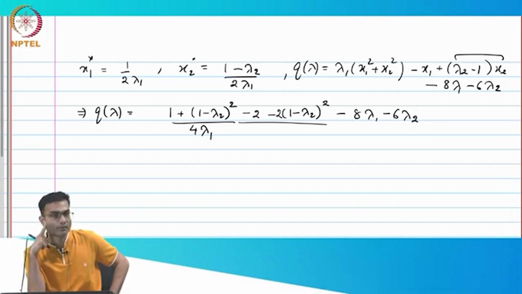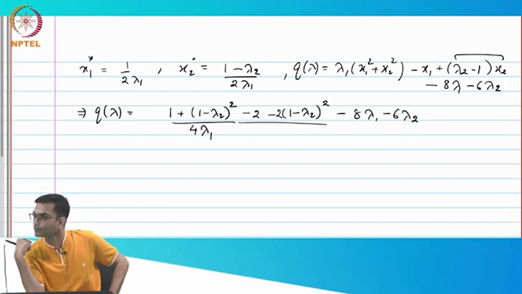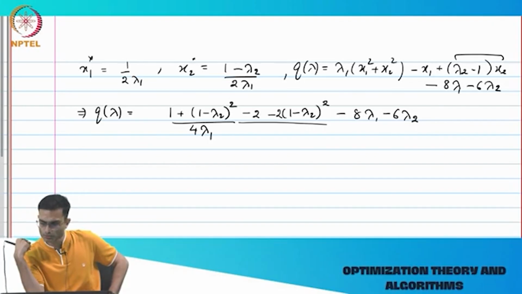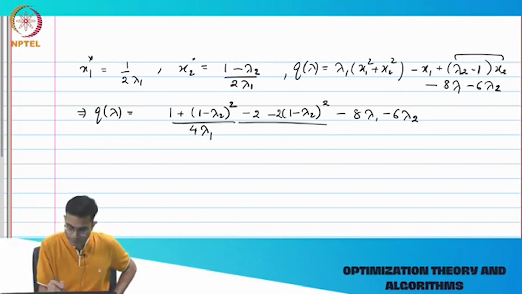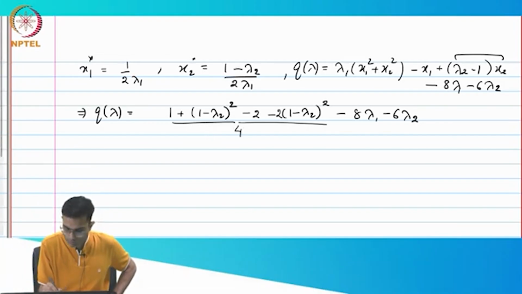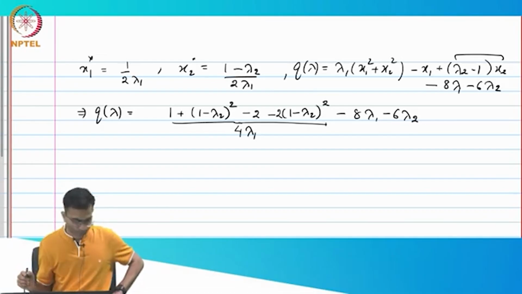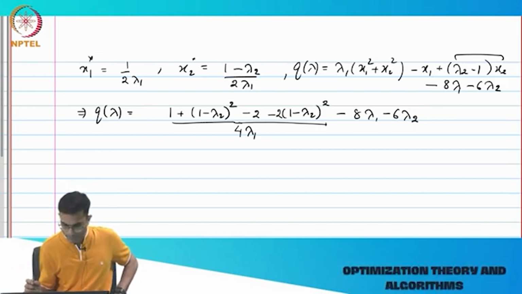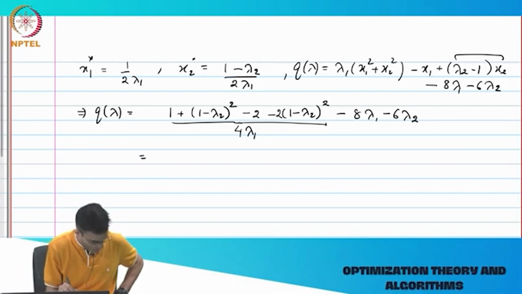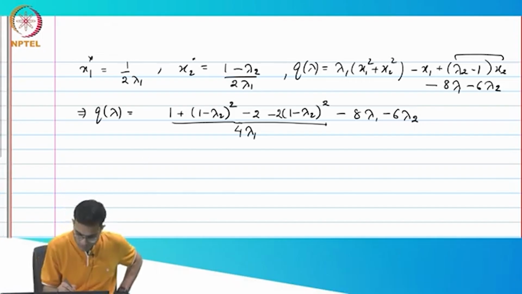Is that right? The last two are not in the numerator. The line ends over there. Okay, so this is what it is.